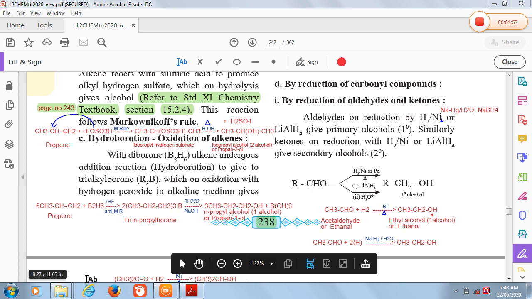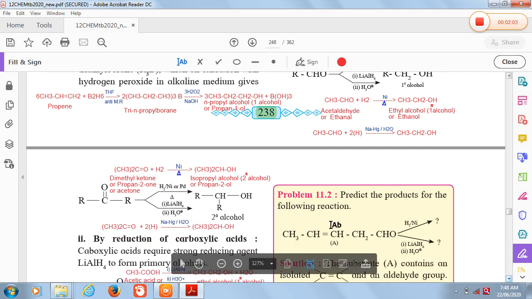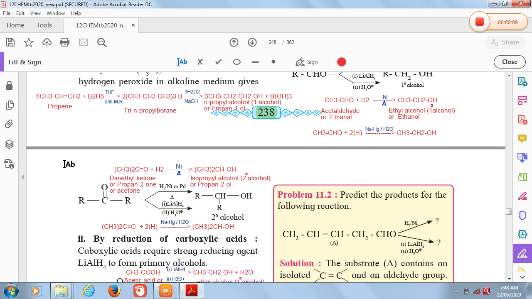Or we can use ketones such as dimethyl ketone, (CH3)2C=O, or it can also be written as CH3COCH3. It reacts with molecular hydrogen in presence of nickel, and if we heat the mixture, what we get?